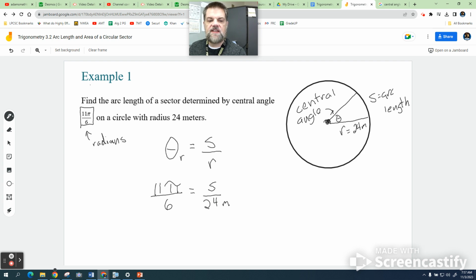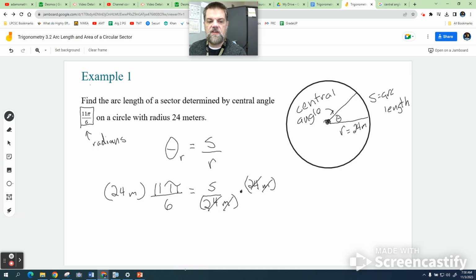Now, in order to get that out, because I need to move this away from the s, algebraically, it's dividing the s. So I do the inverse operation, which is 24 times, and I'm going to carry the unit with it. Now remember, whatever I do on one side of the equation, I have to do to the other. 24 divided by 24 is 1.